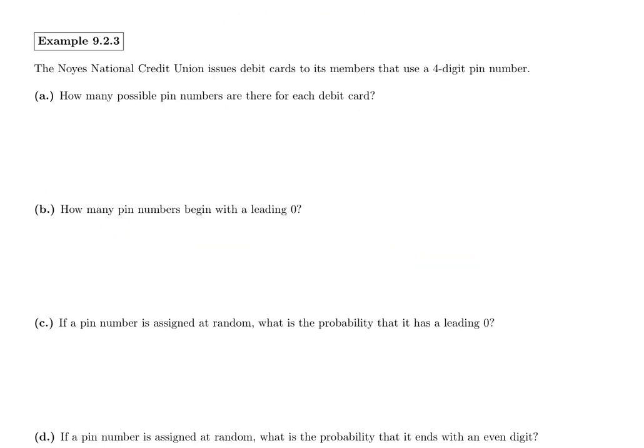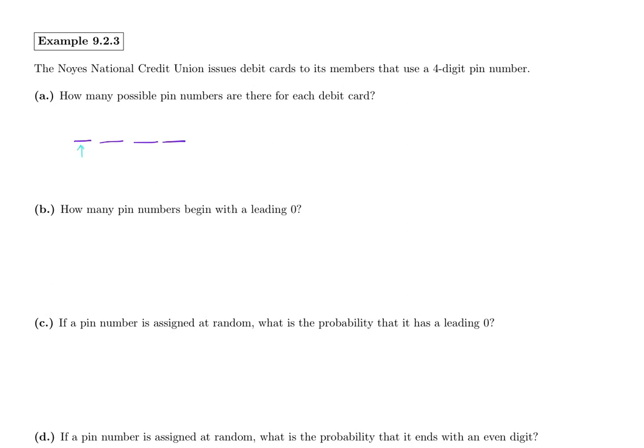For example, 9.2.3, I get to pretend that I own a bank. So what I said here is that the Noyes National Credit Union issues debit cards to its members that use a 4-digit PIN number. So how many possible PIN numbers are there for each debit card? Well, if you think about it, we have 4 slots for our pin. So 1, 2, 3, 4. And how many ways can I choose the first number?